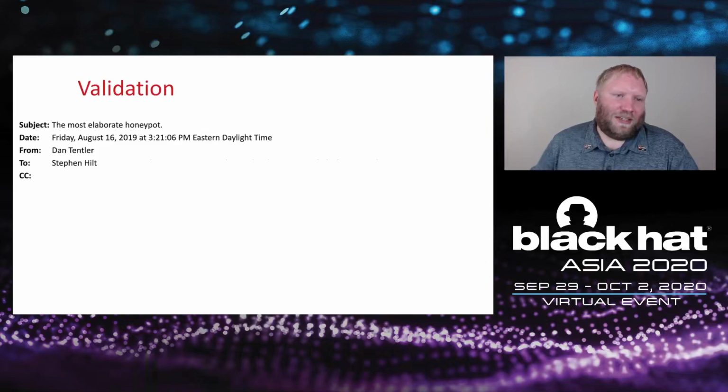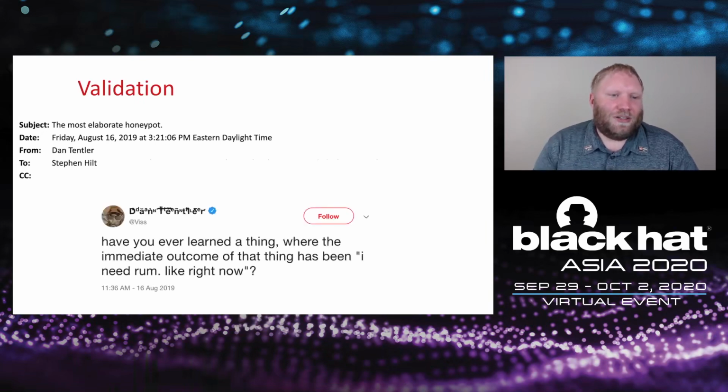Viz then sent an email a bit later to ICS Cert and a couple other people that were involved, saying that it was the most elaborate honeypot that he's ever seen. And later on Twitter posted that, have you ever learned a thing where the immediate outcome has been, I need rum, like right now. So it's kind of a win for us.